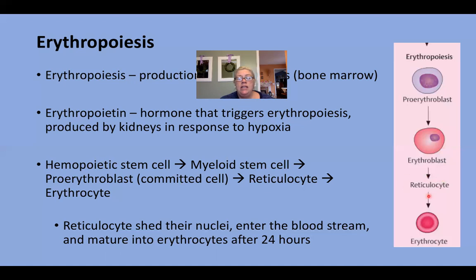The reticulocyte, when it is first formed, has a nucleus, but before it enters into circulation, it's going to shed its nucleus. The reticulocyte enters the bloodstream, and after 24 hours in circulation, the reticulocyte then matures into the erythrocyte. Okay, so hemopoietic stem cell, myeloid stem cell, proerythroblast, committed cell, reticulocyte, erythrocyte.